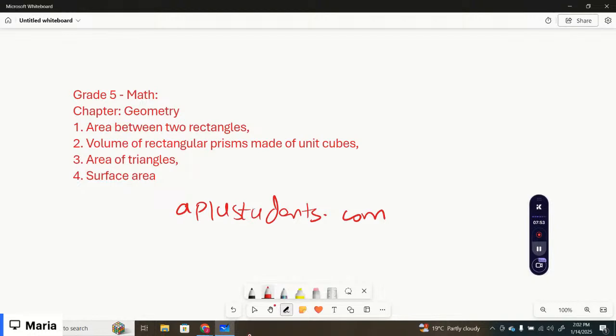Scroll down to grade 5 math and then click on view all lessons.